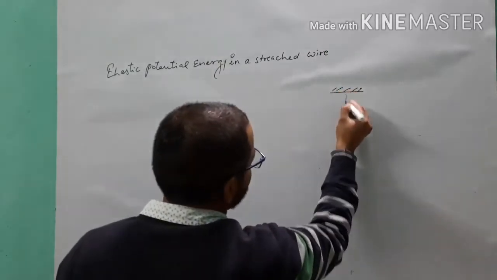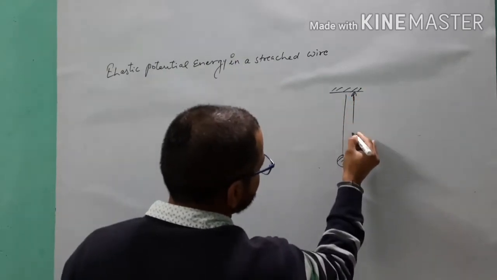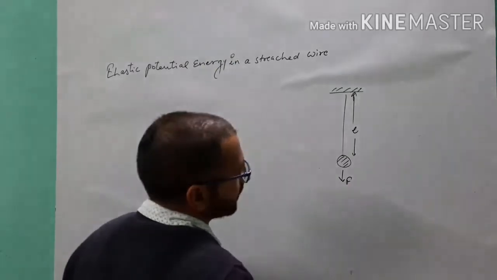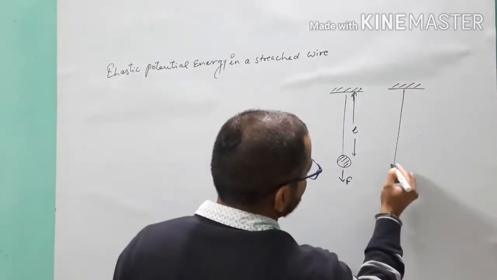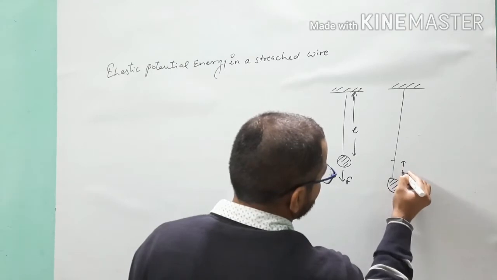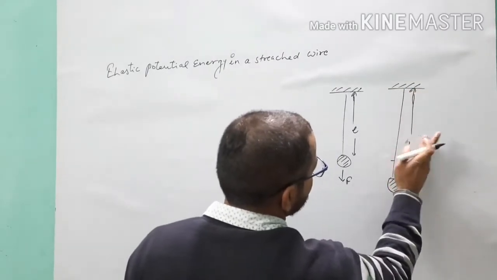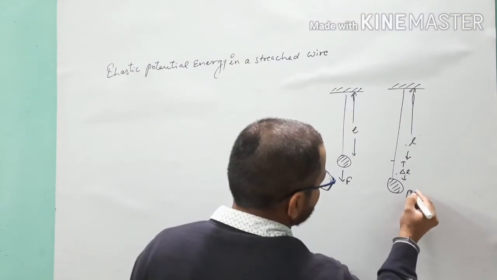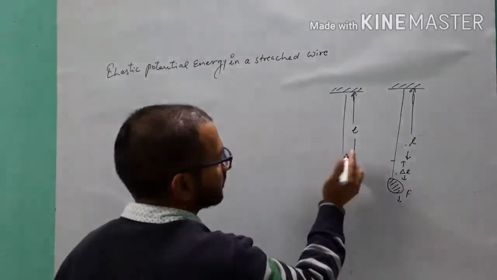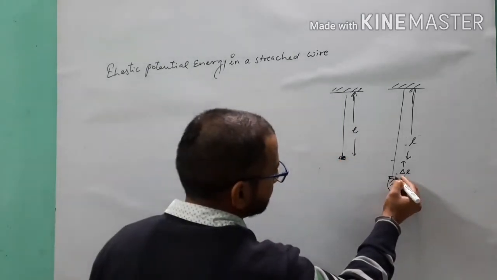Suppose we have a wire of length L, and on applying some external force on this wire, its length increases from L to L plus delta L. Here the weight is not present in the absence of weight, but here the weight is present.